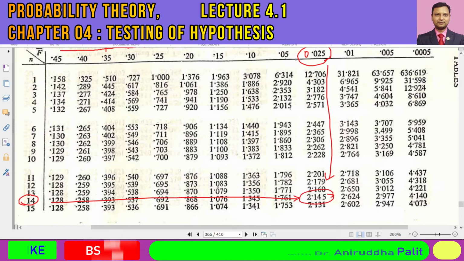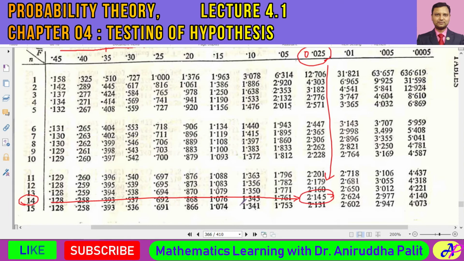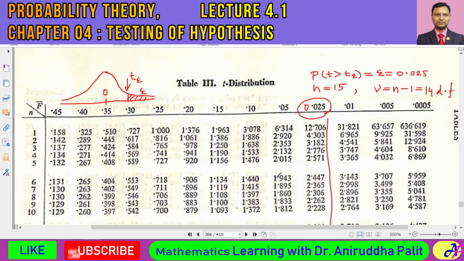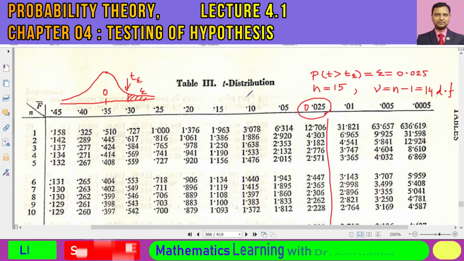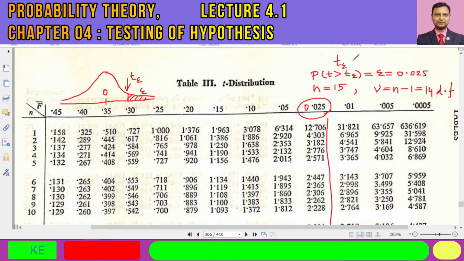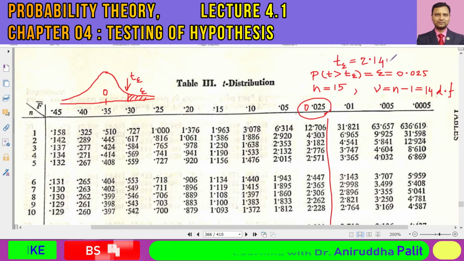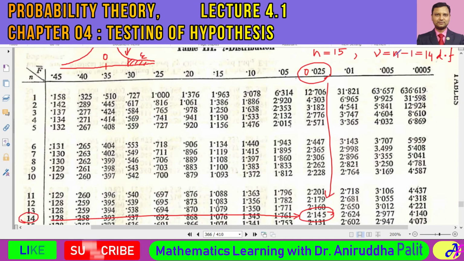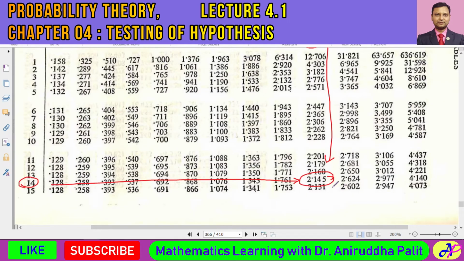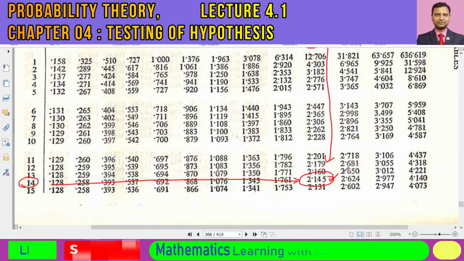This value would now be the value of t epsilon. So t epsilon is equal to 2.145. In this way we identify the values of t epsilon from this table.